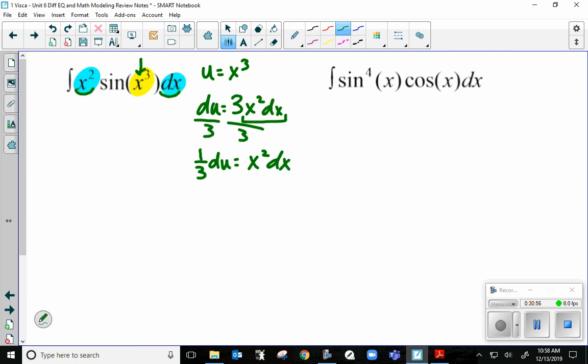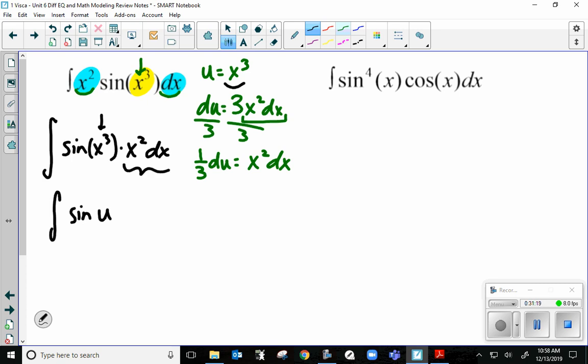Oh, this is great. Before I substitute, let me rewrite this integral. I've got the integral of sine of x cubed times x squared dx. Now is it a little bit more obvious? In for my x cubed is going to be a u.